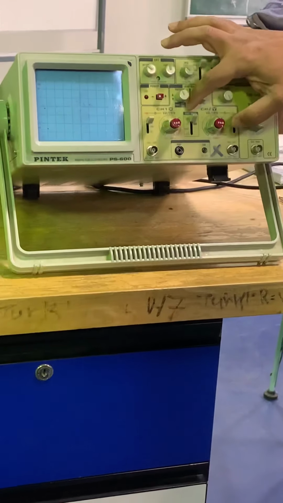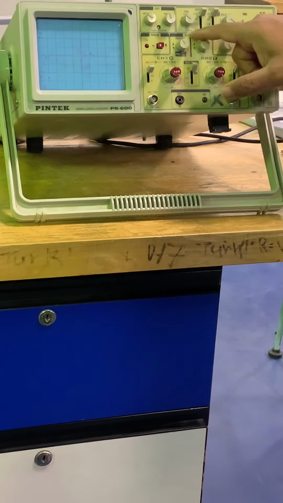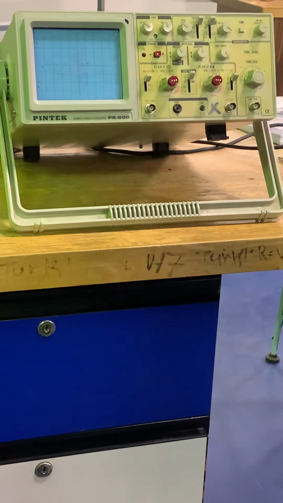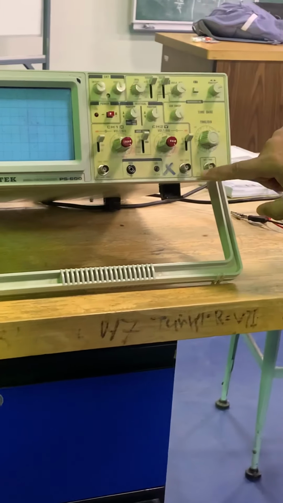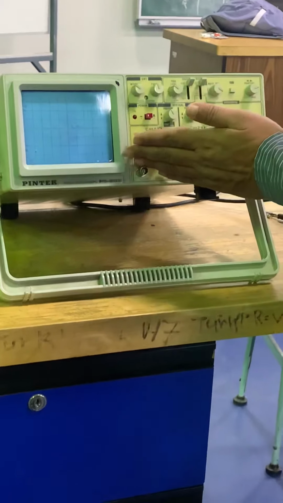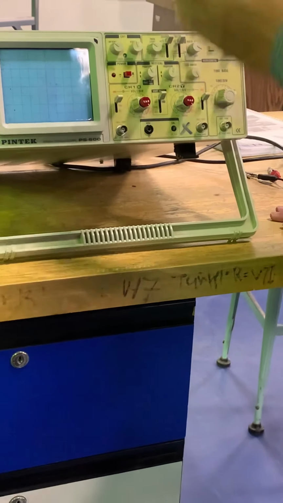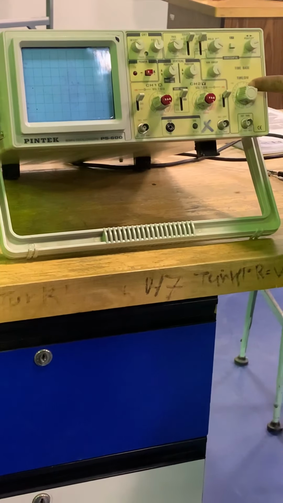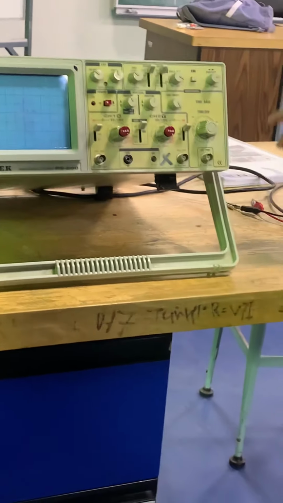This area is reserved for channel number 2. So this is the front panel. Whereas this side, if you see, this block is reserved for time. So channel 1 and channel 2 are for the vertical, that means voltage control, and this is for the time-based control. This is used for the time base.